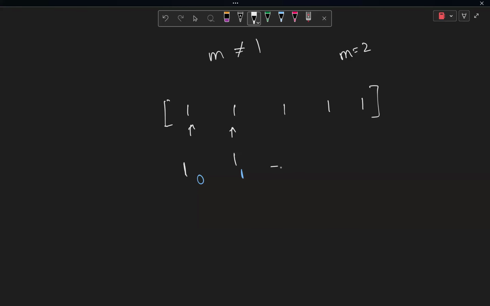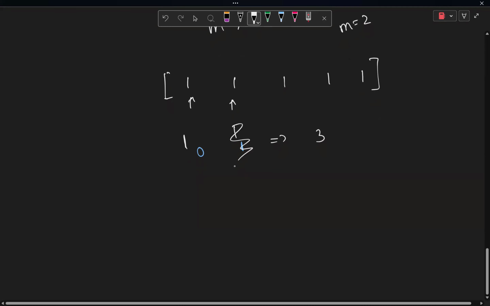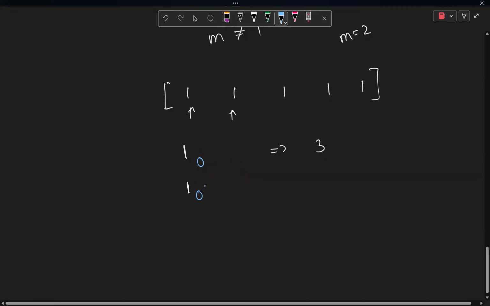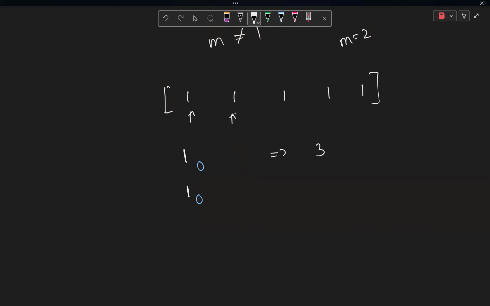So the total cost will come to 3. Whereas if you had bought the other ticket on the first day itself, then the inflation on that day would have been 0. So the total cost would have been equal to 2.